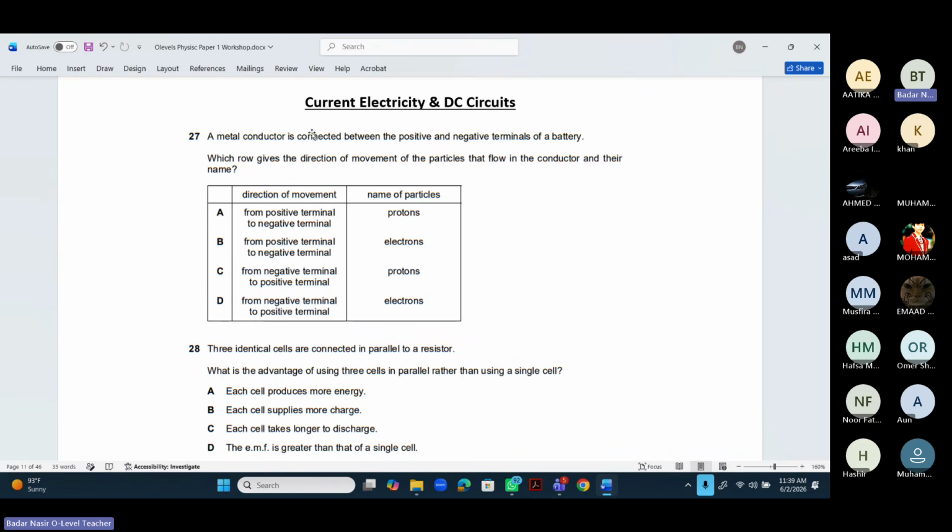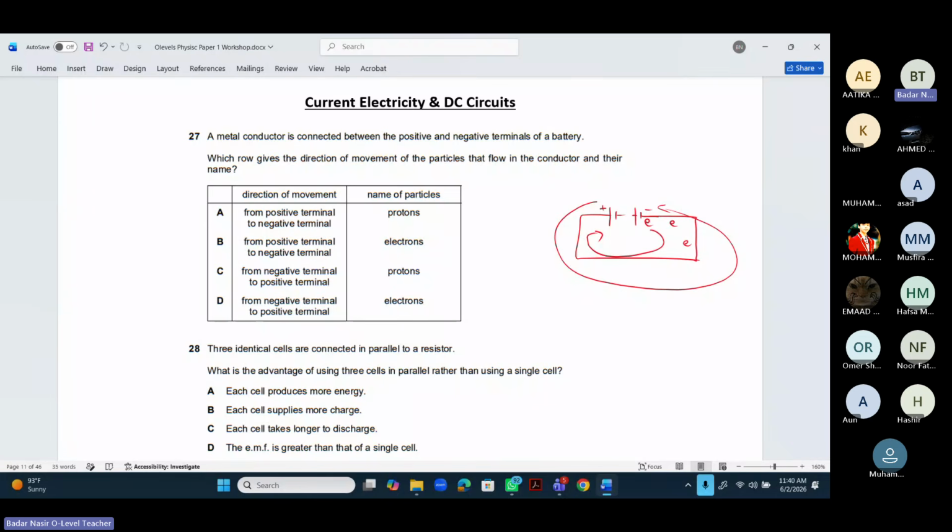So name actually मैंने आप लोगों को ये बताया था कि जब आप बैटरी के पॉजिटिव और नेगेटिव टर्मिनल्स को आपस में ज्वाइन करते हो तो कन्वेंशनल करंट होता है फ्रॉम पॉजिटिव टू नेगेटिव, बट एक्चुअली में इलेक्ट्रॉन्स होते हैं जो नेगेटिव से पॉजिटिव की तरफ ट्रैवल कर रहे होते हैं. So the correct answer, name of the particle is electron and it travels from negative terminal to the positive terminal. So the answer is D.